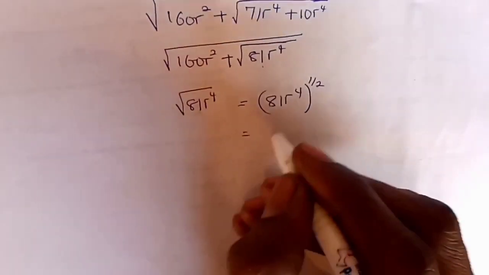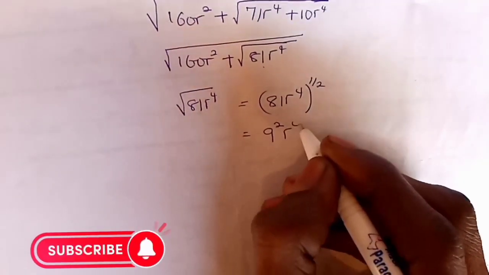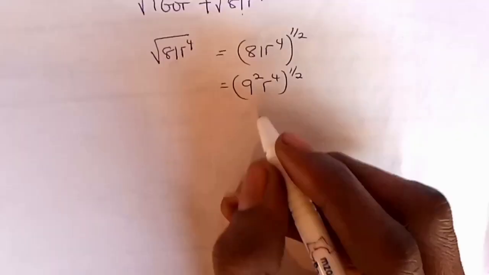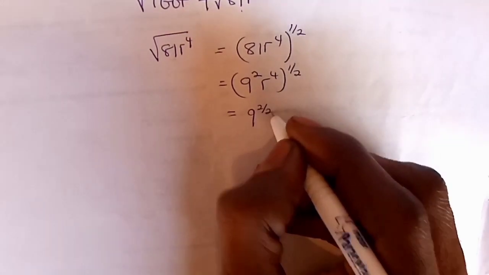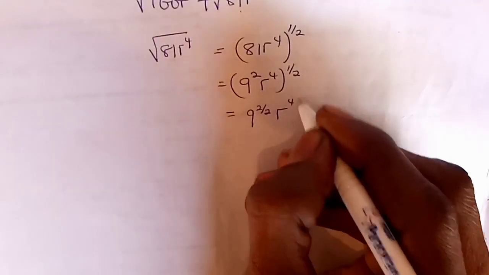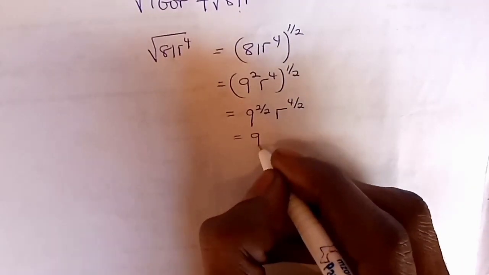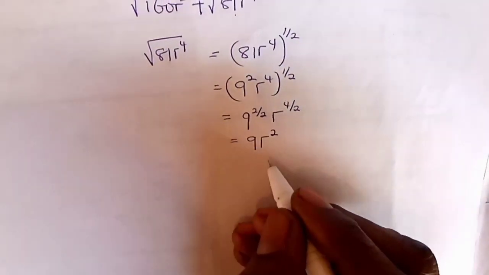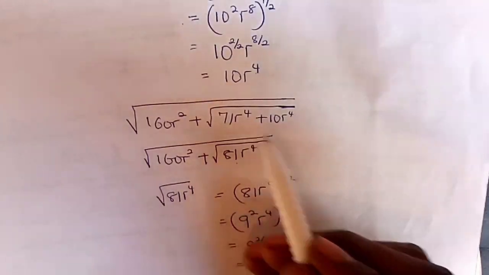Like we said earlier, this 81 can be written in index form, which is 9 raised to the power of 2, then r^4, all to the power of half. So this finally becomes 9 to the power 2 over 2, then r^4 over 2. So this gives me 9r^2. This happens to be the value of the second square root.